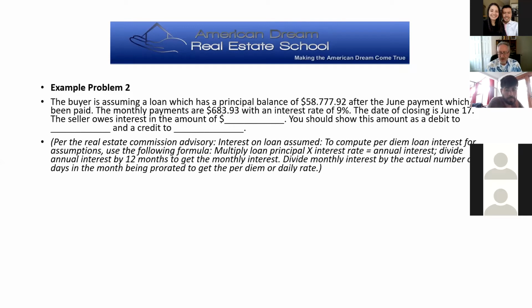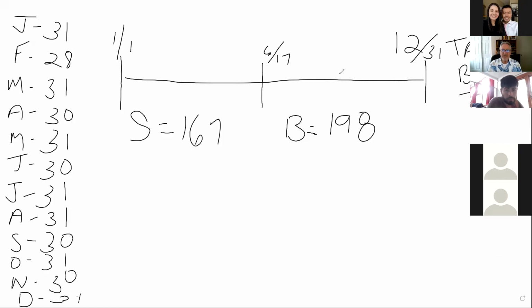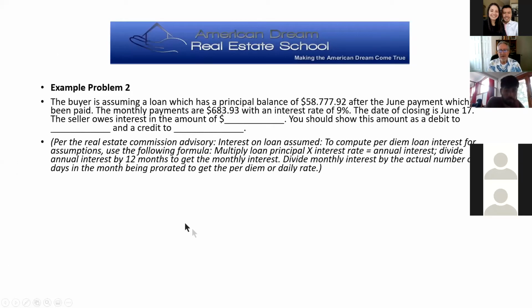Okay. So what's the first thing we do? You draw the timeline out. Now we already did this on the other one, so we can use the same timeline. That helps. We draw our timeline out. Now we have to determine, though, who is going to be getting a debit and who is getting a credit.